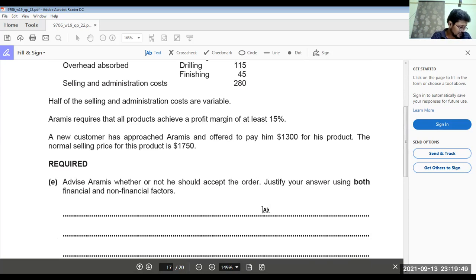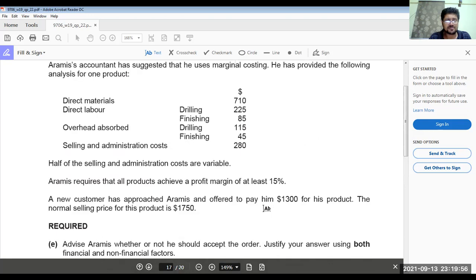So if we consider financial factors, see the contribution.